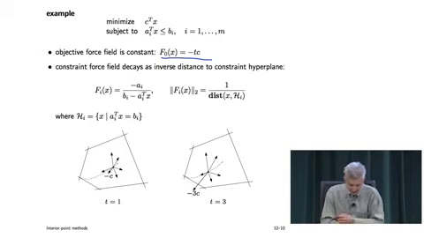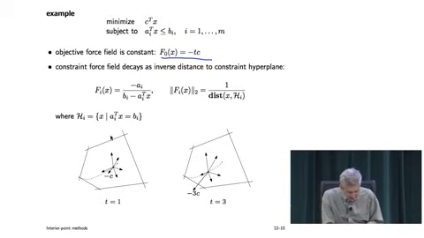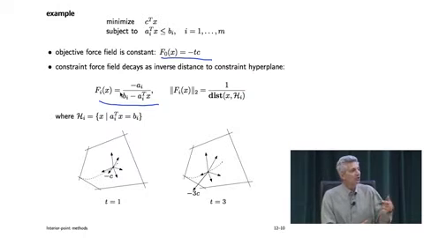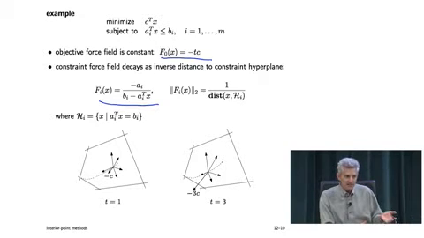Okay? Now, the other planes, the a_i, it turns out that this is the force field associated with the logarithmic barrier associated with just a_i transpose x minus b_i is less than 0, or a_i transpose x is less than b_i, right? That's the force field. It's a beautiful force field.